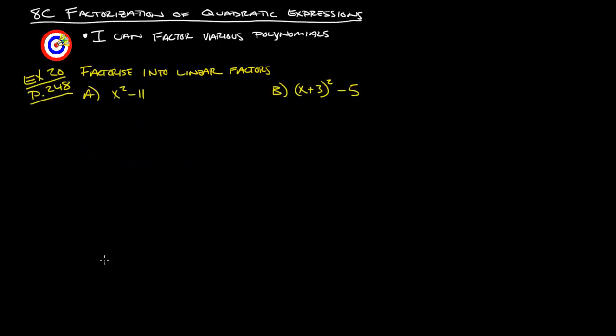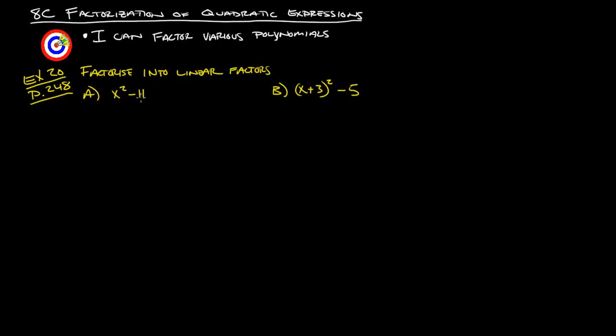So next example, page 248, example number 20. We're going to factorize into linear factors. So what we're going to do on these is just factor these things out as best we can.